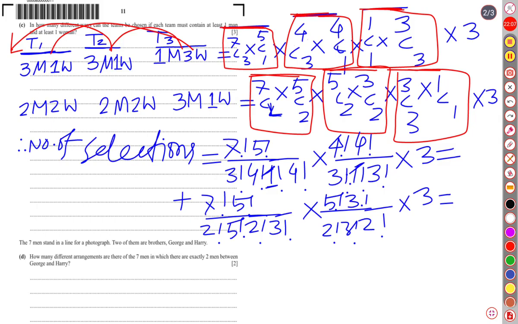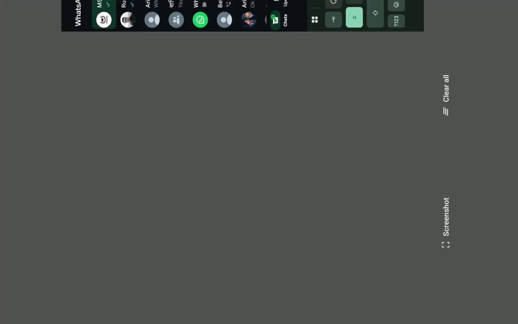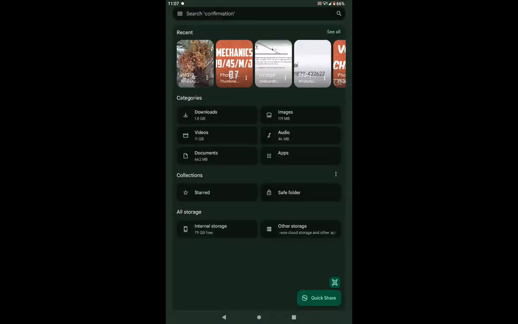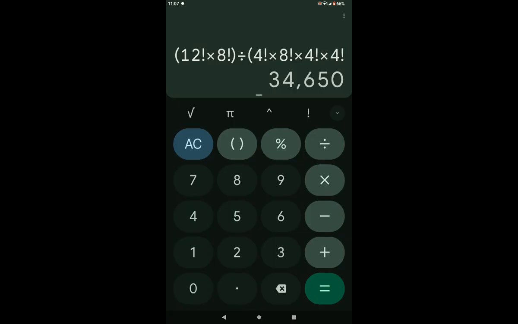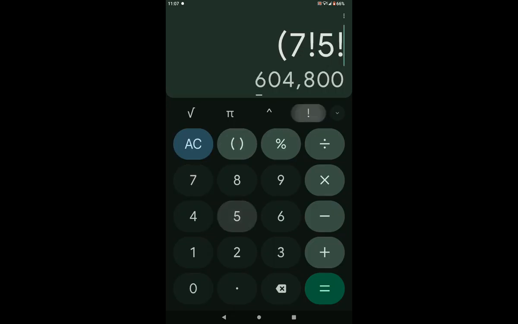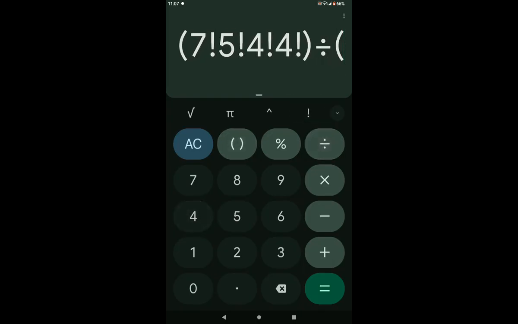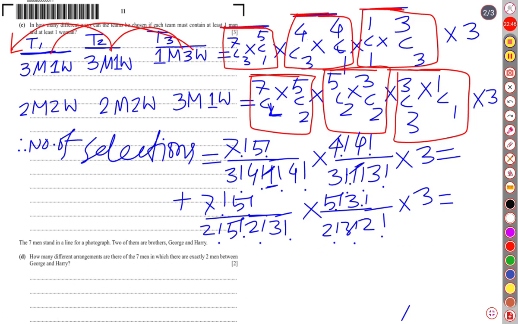Well, now we will use our calculator. 7544 is the numerator. Denominators are 3414.